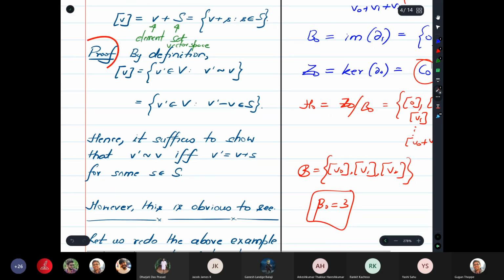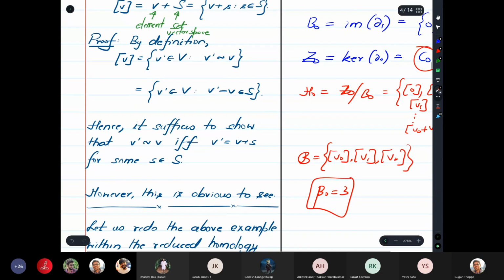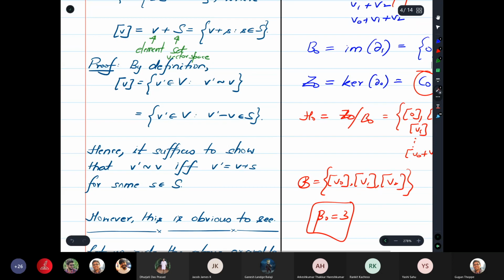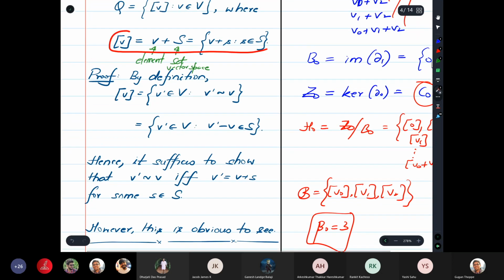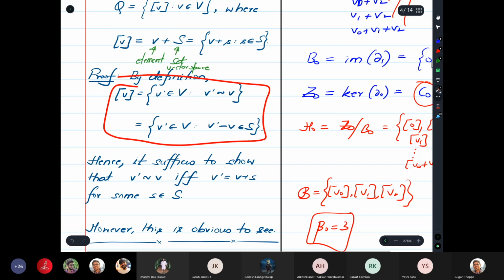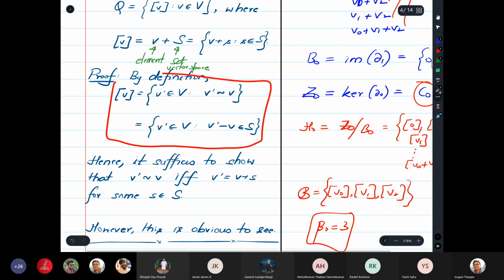So the proof is very short, so I thought I'll discuss it in class itself. It's not that hard, right? So our goal is to show that this definition of the equivalence class of V and this definition, which is what we have been studying so far, okay, these two things are one and the same, right? So what is the equivalence class of V that we know so far?